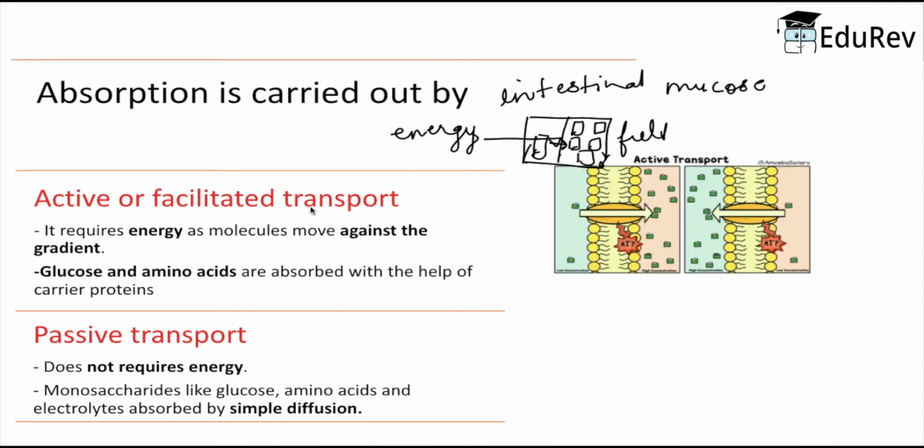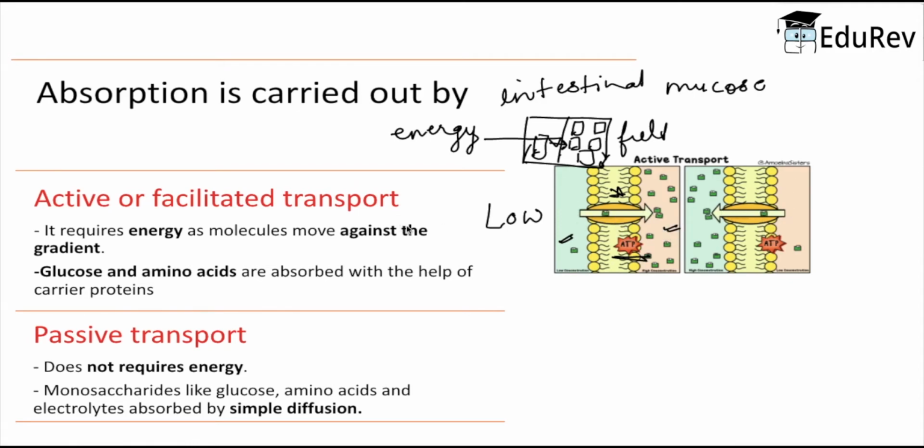Here in this animation, you see that some molecules are moving across the cell membrane with the help of ATP, as you can see here. And the question comes, why is it happening so? It is because the molecules are moving from their lower concentration. You see the amount of molecules in this area is less as compared to the area here.